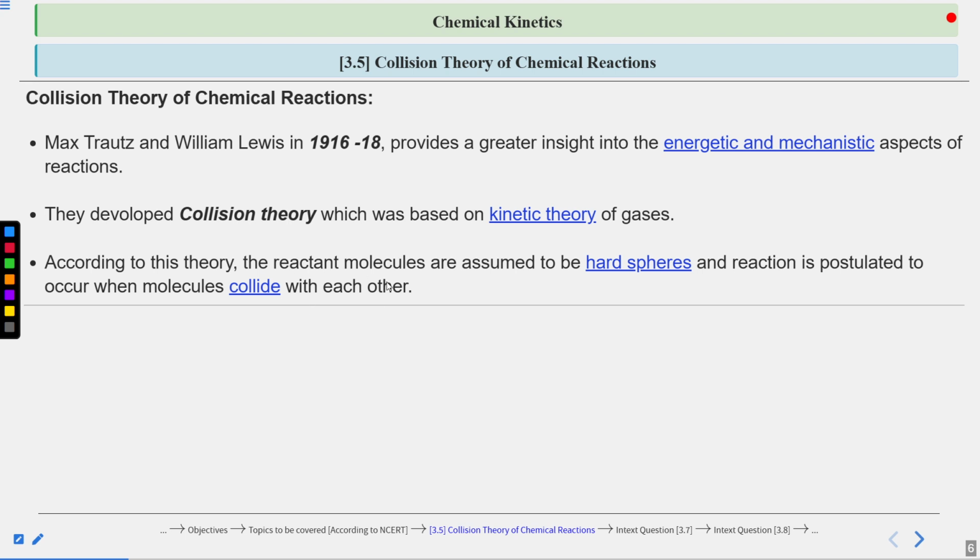Those reactant molecules will collide with each other, and when they collide, the reaction occurs and product formation happens.